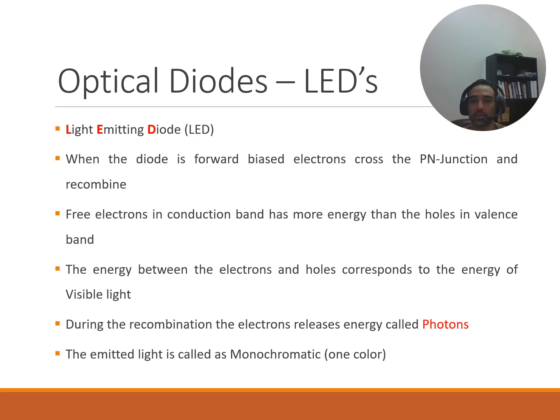Any other questions? Recombination. What happens during recombination? Oh, yeah. Like I mentioned before, during recombination, electrons release their energy into something called photons. Great question. Electrons recombine with holes, and they release that extra energy they had as photons.